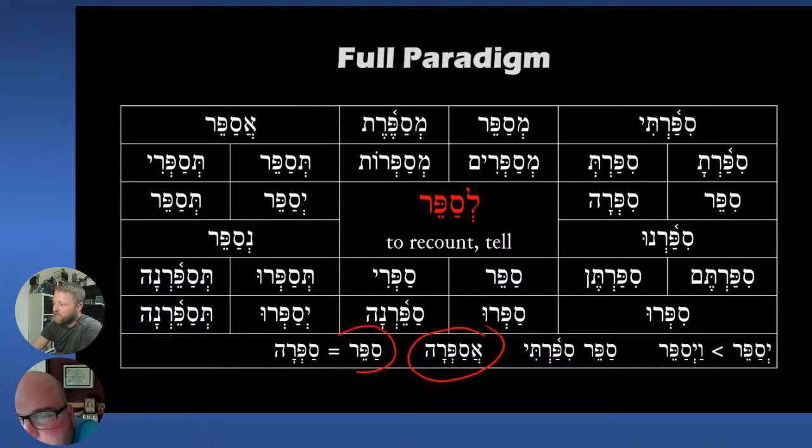The imperative saper has the long form imperative sapra, which is also masculine, like emor, omra. Like there's a long form imperative in the same way that there's in the kal. Whew, that is the whole paradigm of the verb lisaper, to tell.